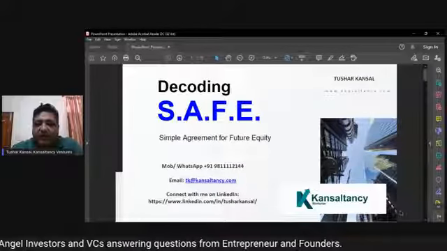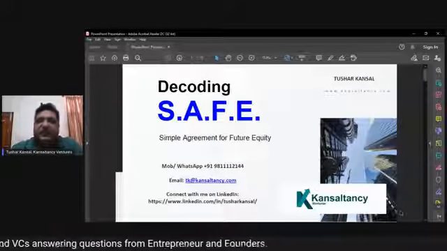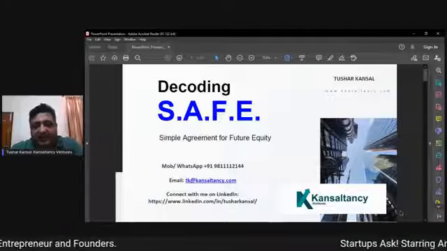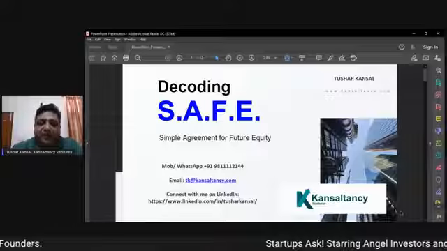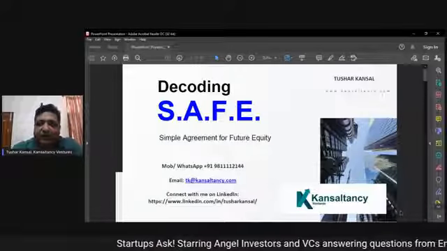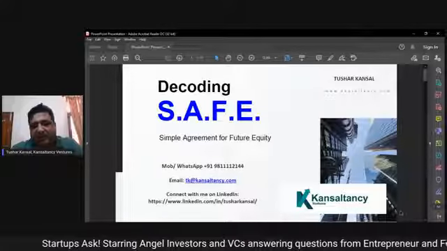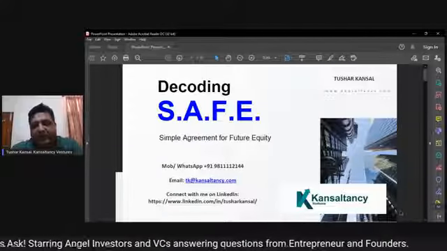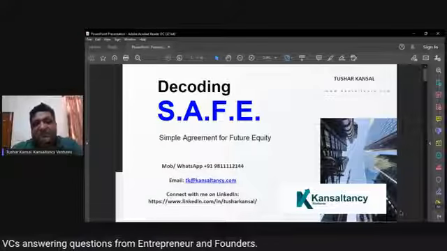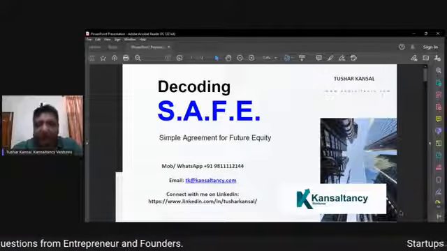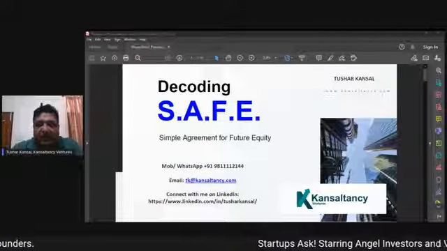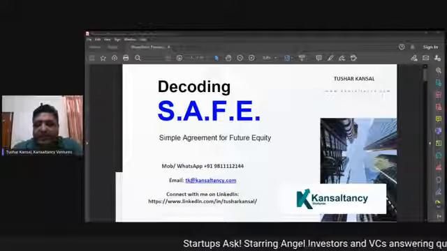And it can be about valuation, it can be about the rights which the investor is getting. So I thought SAFE, which is simple agreement for future equity, is a very interesting piece of agreement, and a large number of investors are not aware of SAFE, and hence I thought it is my responsibility to discuss more about SAFE today.